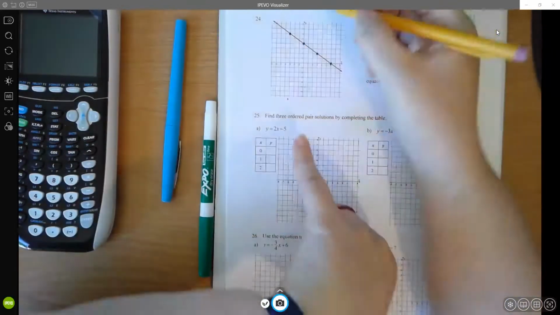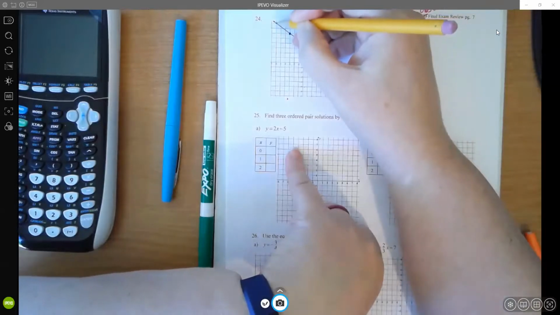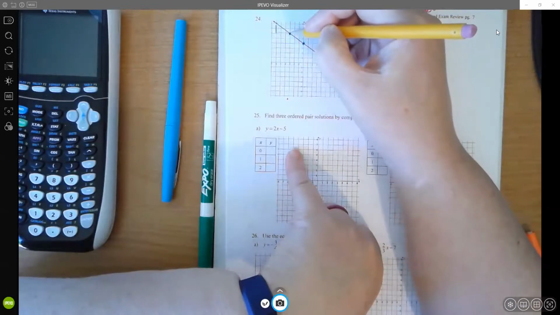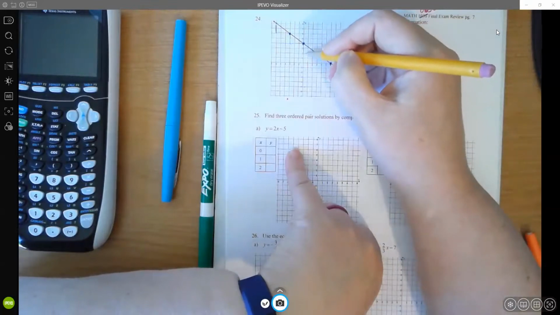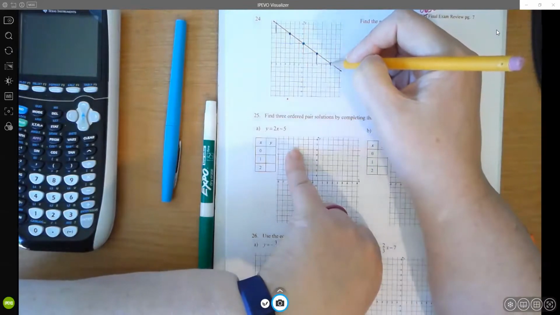As I count from left to right, I go down and over, down and over, down and over, down and over. I just made little tracks, almost like stairs.